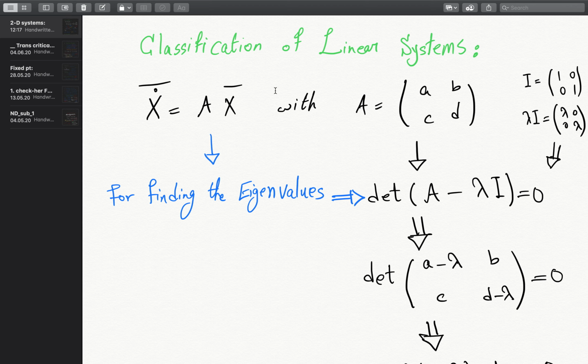And A is those A, B, C, and D. So I also have a matrix, this is just the notation, like the identity matrix, 1, 0, 0, and 1, and then if I multiply lambda times I, then the lambda and lambda will remain here.